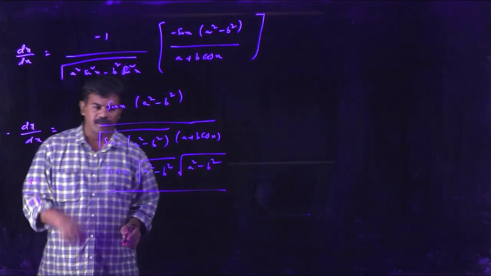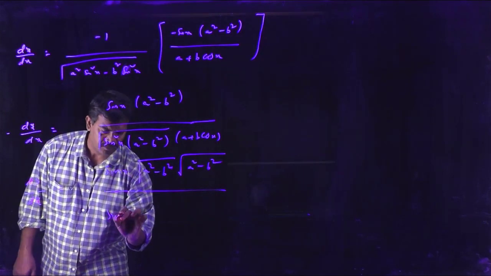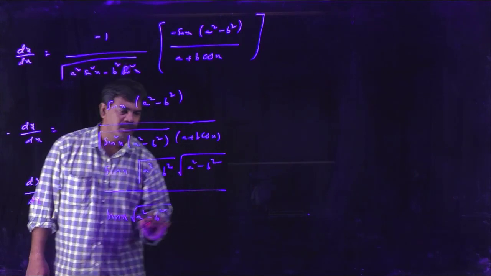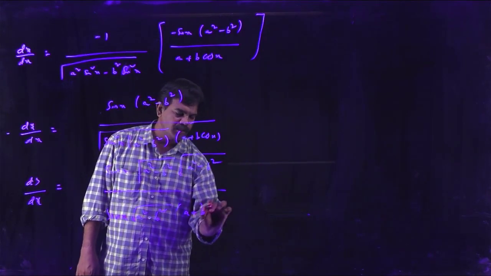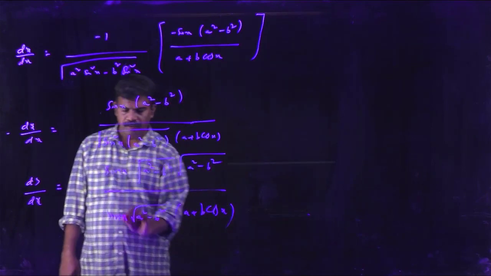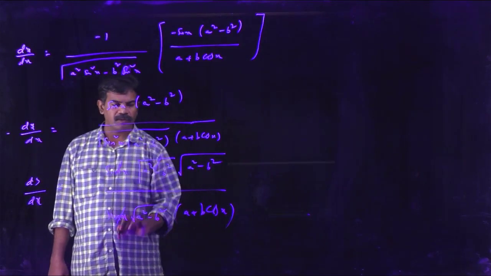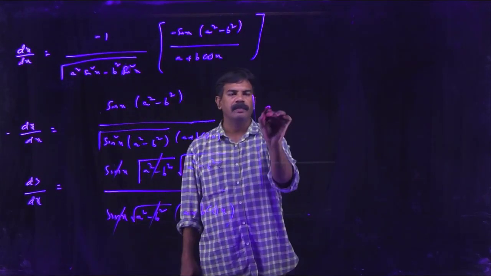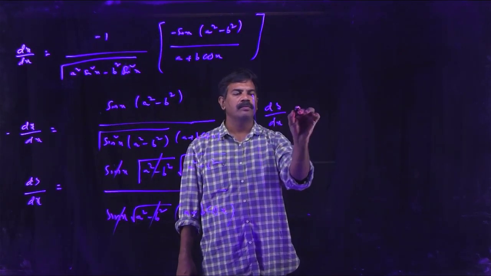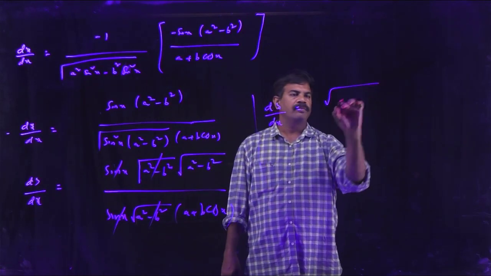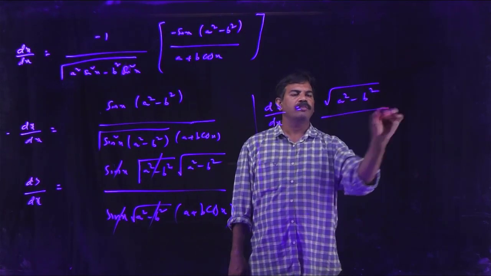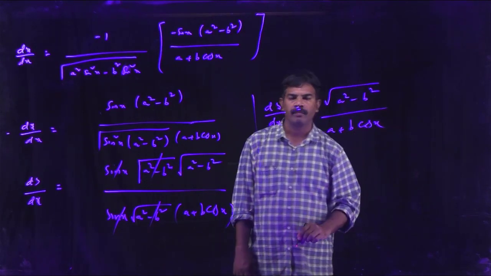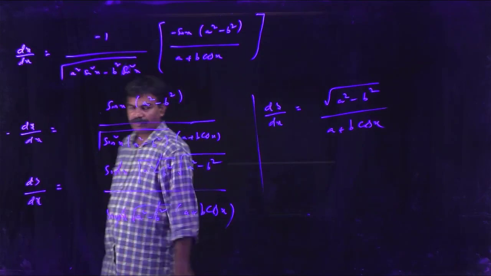In the denominator, sin square x comes out, that is we get sin x into root of a square minus b square into a plus b cos x. Sin x cancels, root of a square minus b square cancels. Finally, we get dy by dx is equal to root of a square minus b square by a plus b cos x. This is the derivative of the given function.